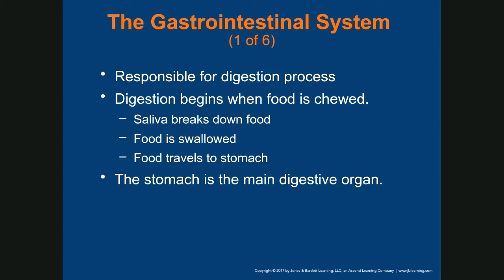Then it enters the small intestine, large intestine. Right? So digestion begins when the food is chewed, saliva breaks down the food, it is swallowed, the food travels to the stomach. The stomach is the main digestive organ.